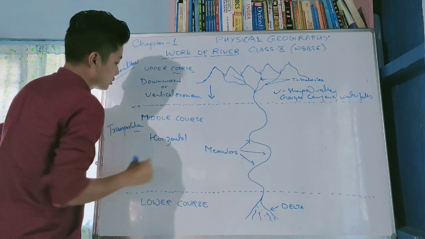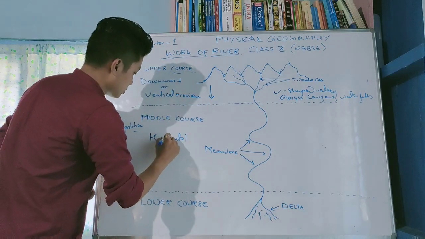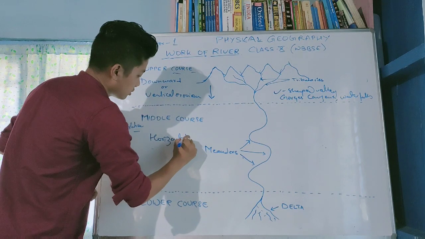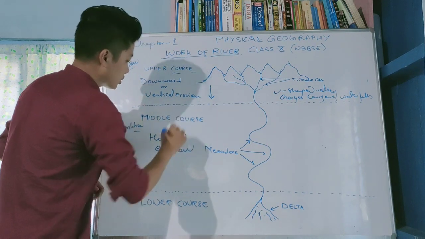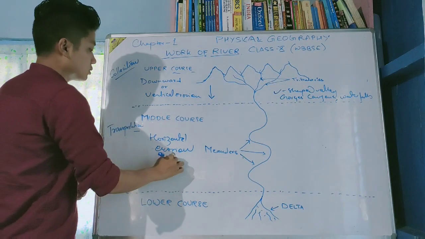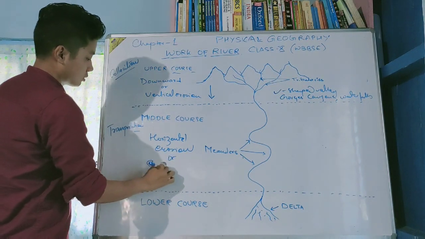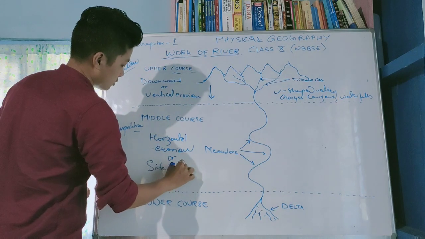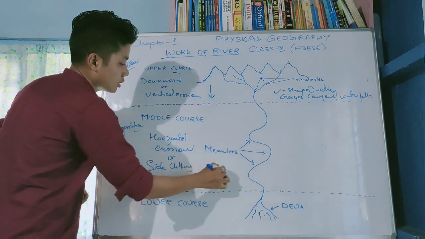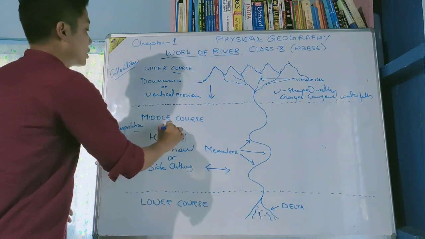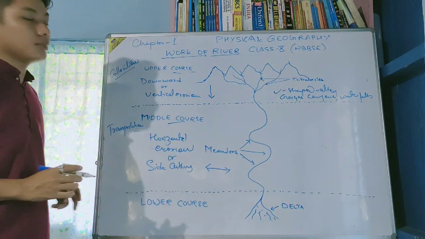Horizontal erosion or side cutting is most prominent. Side cutting is the most prominent work of the river in the middle course.